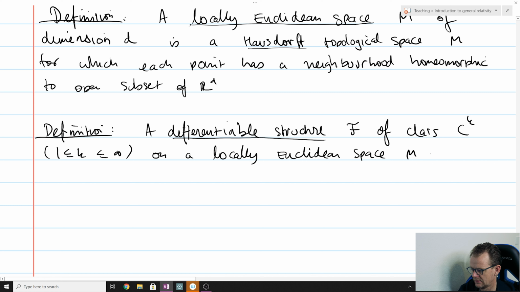What is it? Well, this is the part of the definition which captures parts 1 and 2 of the definition I presented in the main lecture.